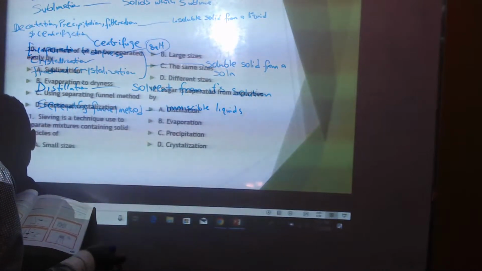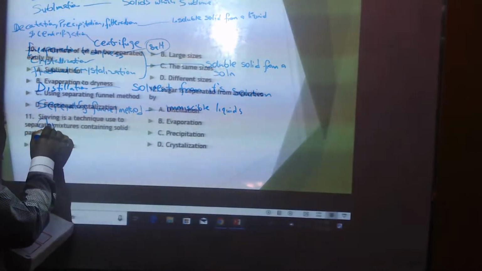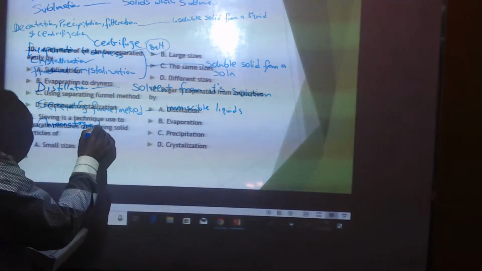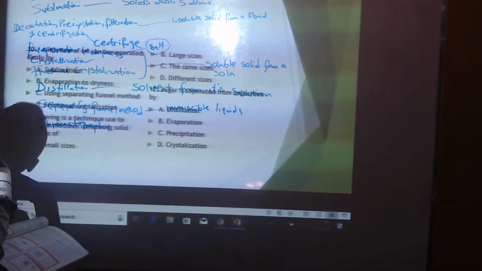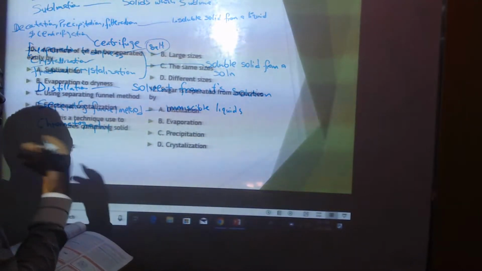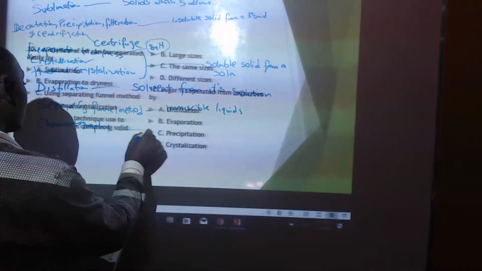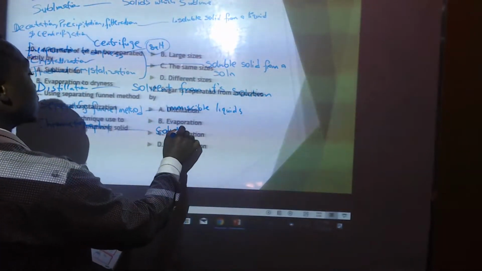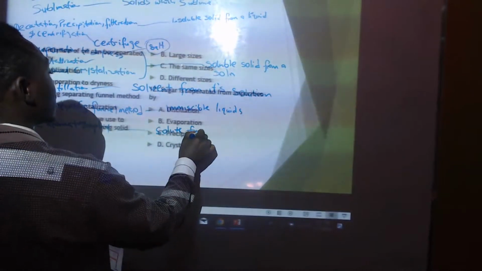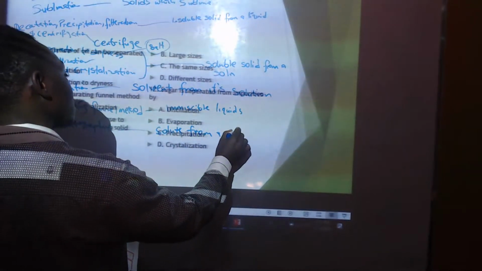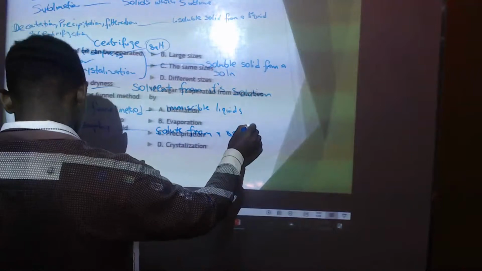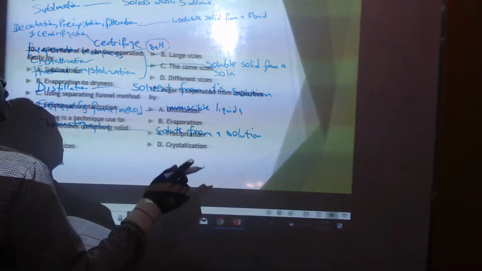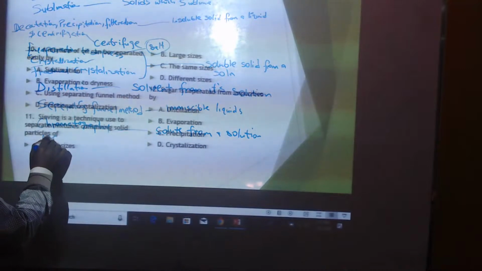And then the next one, we have chromatography. We have different forms of chromatography, like gas chromatography. Chromatography is used to separate the solids from a solution. Okay, I actually forgot about magnetic separation.